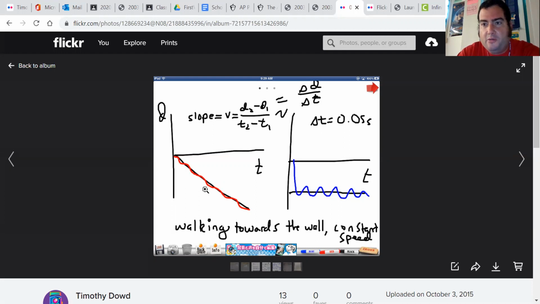This is a constant slope, constant velocity. Here on the velocity time graph, we have a constant velocity plotted directly. It's a horizontal line because the velocity is not changing. So those are saying the same thing in two different ways. And we need to get comfortable looking at one and being able to guess what the other one looks like.